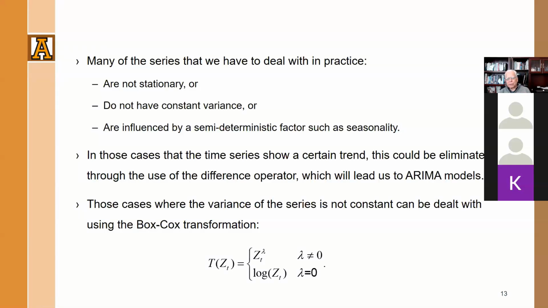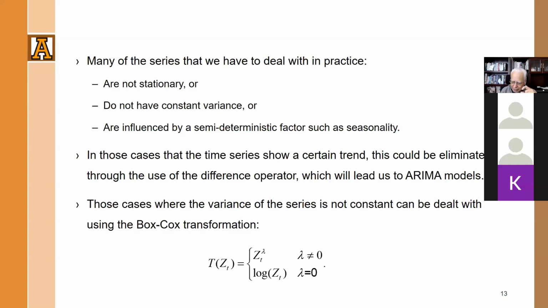We find a lot of series in practice that do not have constant variance. In those cases, before we take differences to remove the adaptive polynomial trend, we need to stabilize the variance.